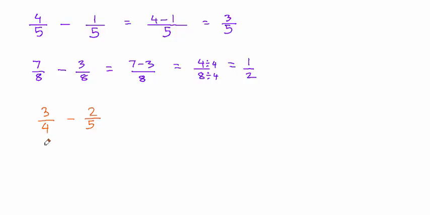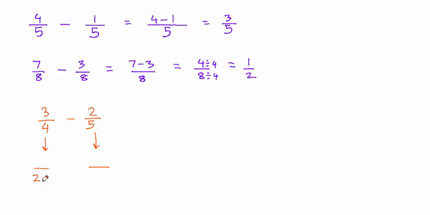So that's when you change each one of these to their equivalent forms so that they are on the same denominator, by finding the least common multiple, LCM, of the denominators, also known as the least common denominator of the two fractions. The LCM of 4 and 5 is 20.